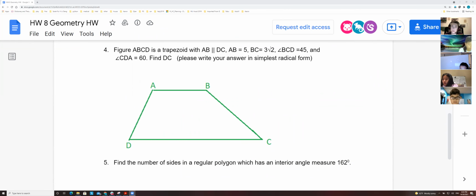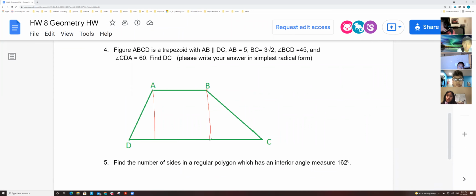So, the trapezoid: basically, just draw lines from A to the DC line to form a right angle, and from B to the DC line to form another right angle.